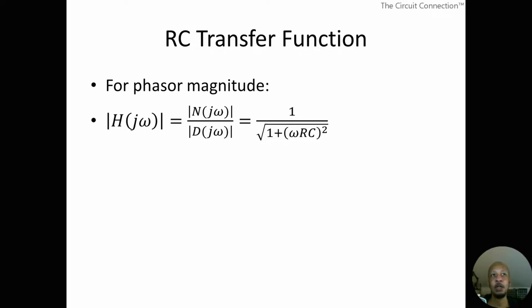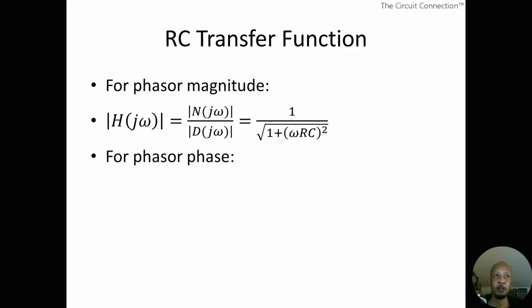That's going to equal the absolute value of the numerator divided by the absolute value of the denominator. For this particular circuit, that gives you 1 over the square root of 1 plus (wRC) squared, all as one thing squared. So that's going to be your phasor magnitude for this particular circuit.